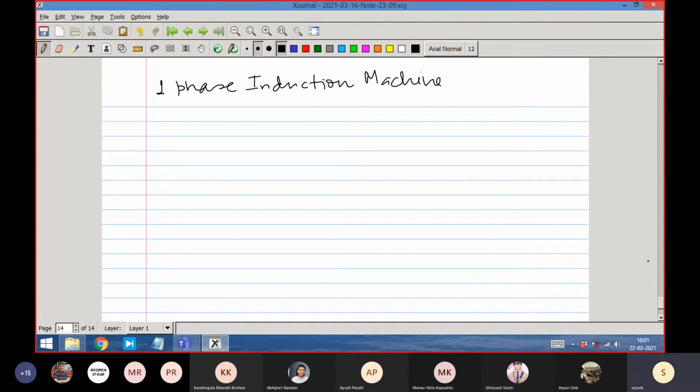This single-phase induction machine, as the name suggests, we have seen that the machine is supplied by a single-phase AC supply. That is the first point. However, while understanding the machine, we had come to the conclusion that, in fact, it is a combination of two machines, one corresponding to the forward magnetic field and one corresponding to the backward magnetic field.